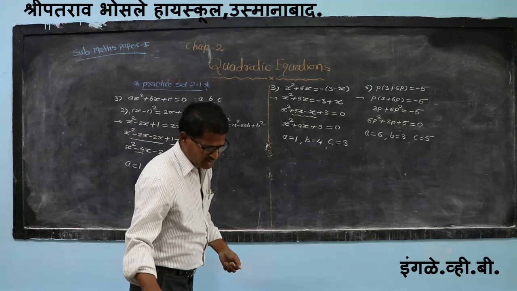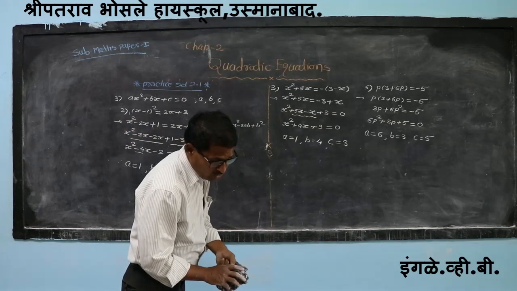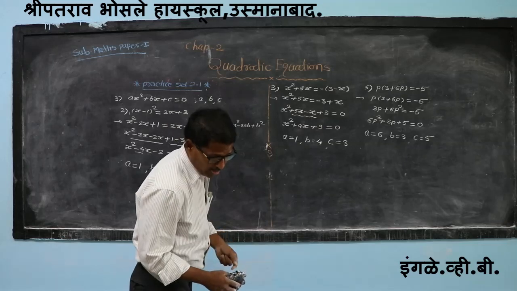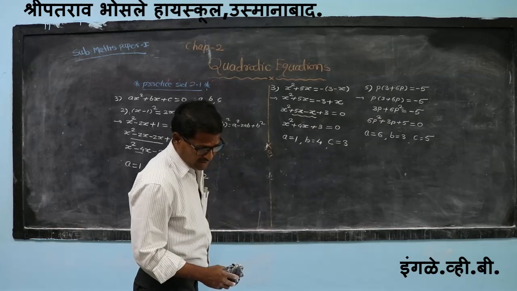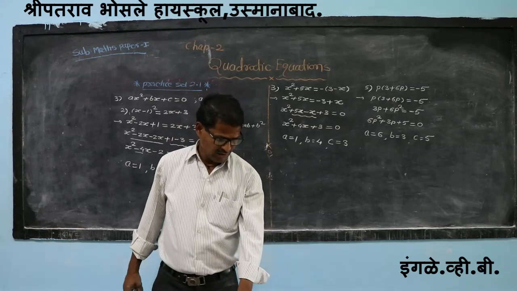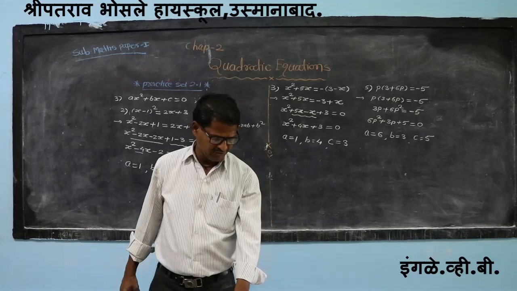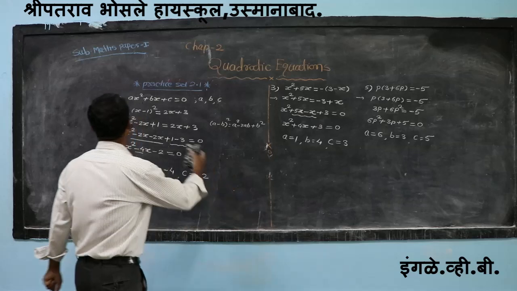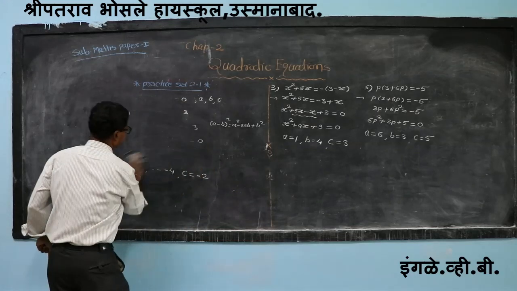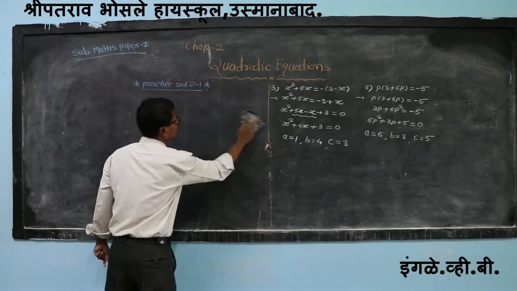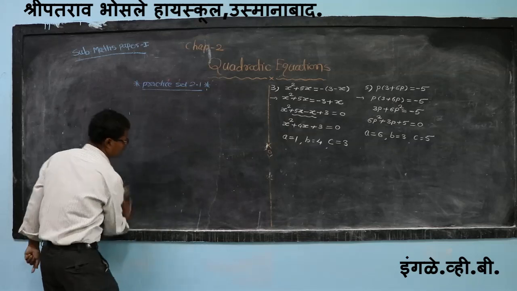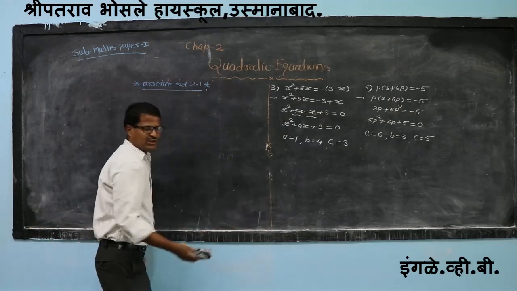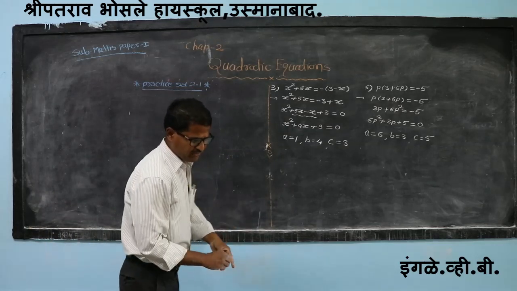Then example number 4, determine whether the values given against each of the quadratic equations are the roots. We have to give a quadratic equation and we have to decide whether the given values are the roots of the quadratic equation.